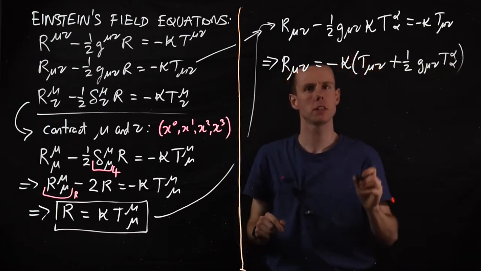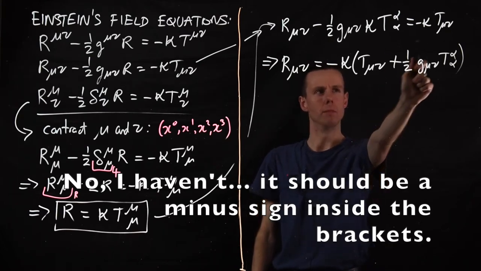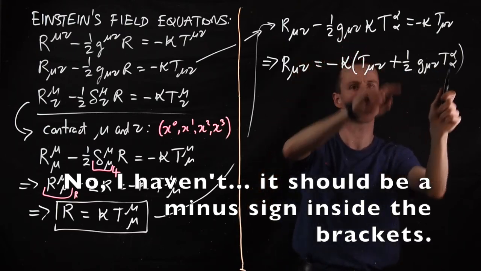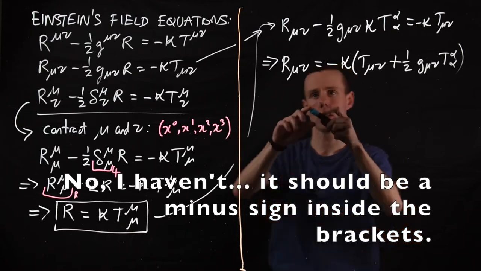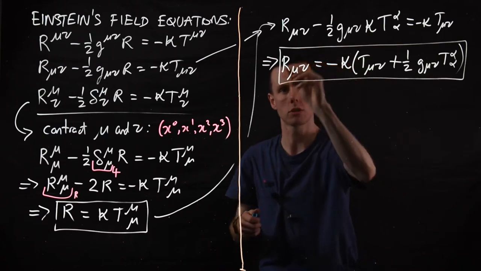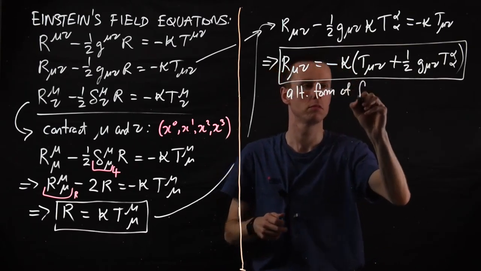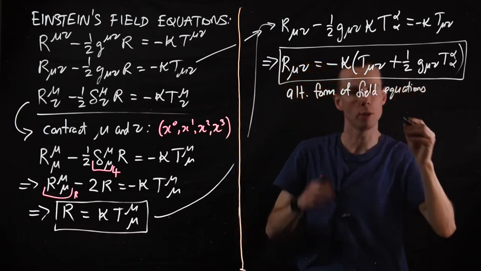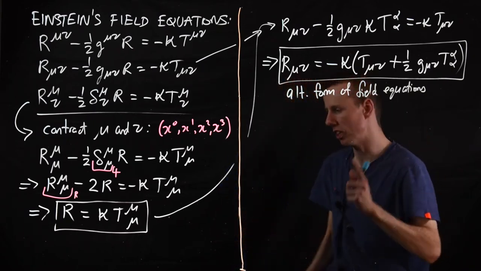Okay, have I done that right? Minus kappa T mu nu plus a half G mu nu kappa T alpha alpha. Yes, I think that's okay. And this here now is just an alternative form of the field equations. So it's not the vacuum field equations yet. It's just an alternative form of the full field equations.